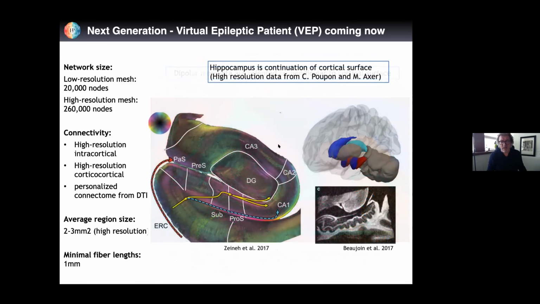And you can now go along the neocortical mantle, and then continue into the rhinal cortex and into the hippocampus. So you can actually start talking about real propagation along the continuous tissue, and build very detailed models.